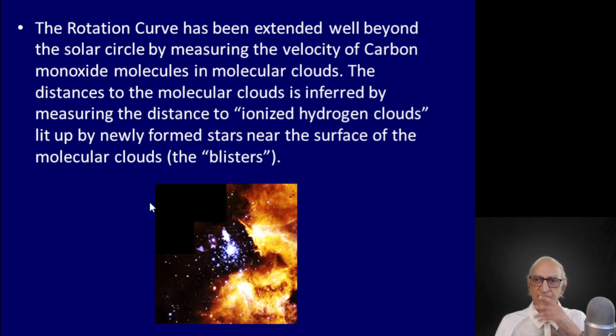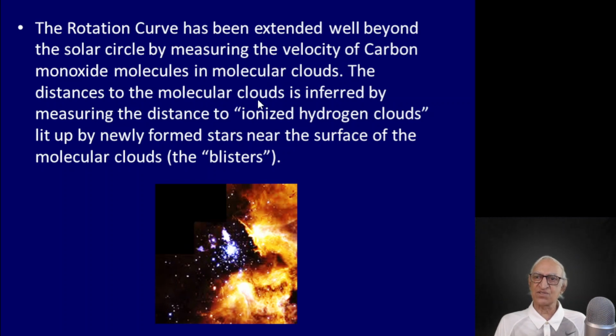So you do this in a two-step process. To determine the distance to the molecular cloud, you use the blister on the molecular cloud and determine the distance. To determine the motion of the molecular cloud, you use the carbon monoxide molecule, and through the Doppler shift, you determine the radial velocity. So the rotation curve has been extended well beyond the solar circle by measuring the velocity of carbon monoxide molecules in the molecular clouds.